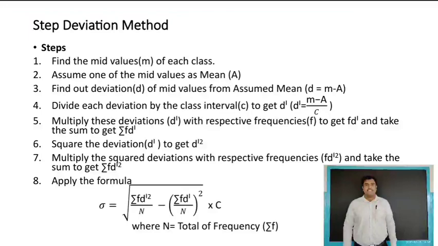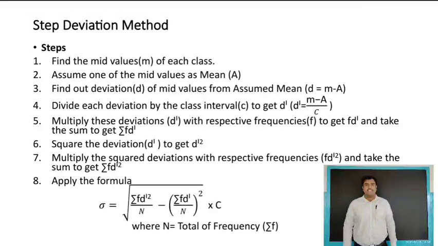First, we find the mid values of each class, that is by adding both the limits and dividing by 2. Later we assume any one of the mid values as the mean, and we find deviations, d is equal to m minus a. In the next step, we take the step deviation, that is d dash is equal to m minus a whole divided by c. In the fifth step, we multiply d dash with the frequency and take the summation, where we get sigma f d dash.